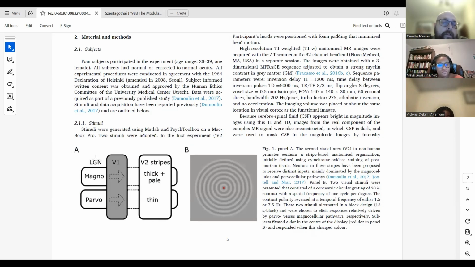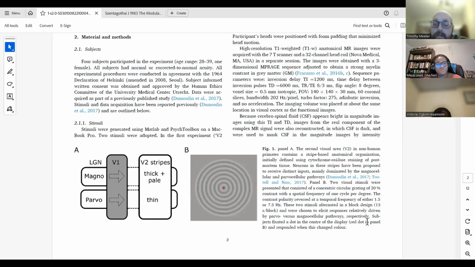So the optic nerve feeds into the LGN, and then the magnocellular and parvocellular are different stainings, but they actually turn out to be important for the processing. So what you see here is that the thick and pale rows are coded by the magnocellular, whereas the dark parts are coded by parvocellular.